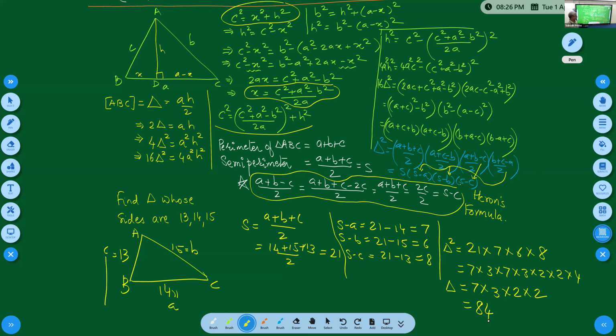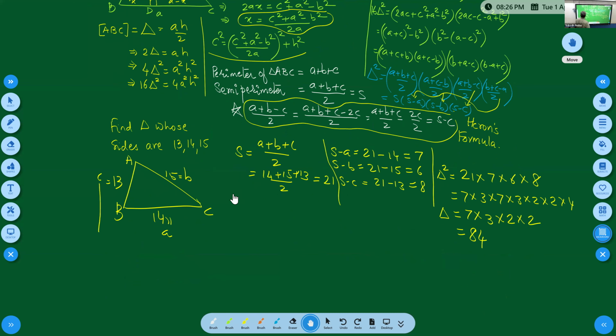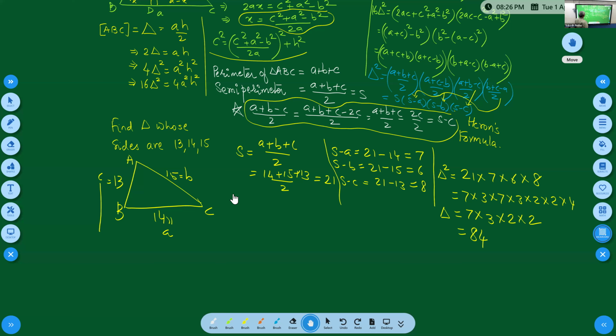84. S is less than. Semi perimeter is less than area.